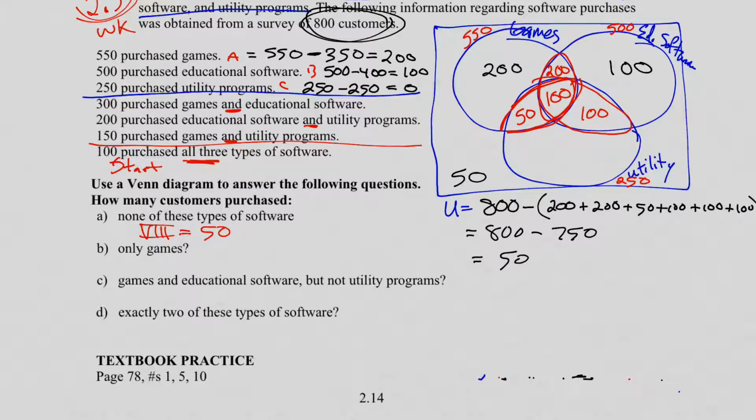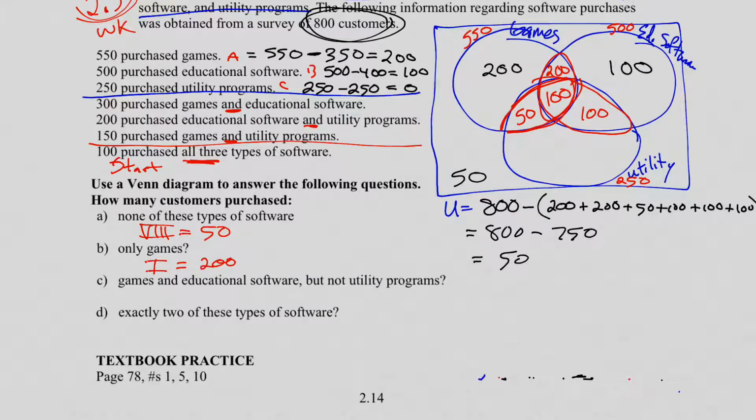Okay. Only games. So only games, that means it's not shared with any other circle. So that would be the exclusive region for the first one, and that's region 1. That's simply 200. Games and educational software, but not utility programs.